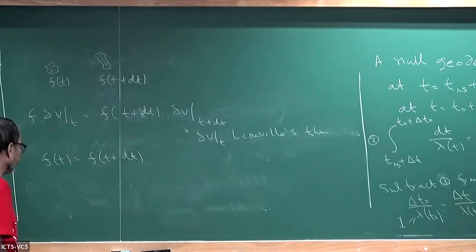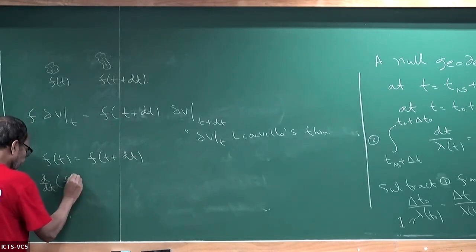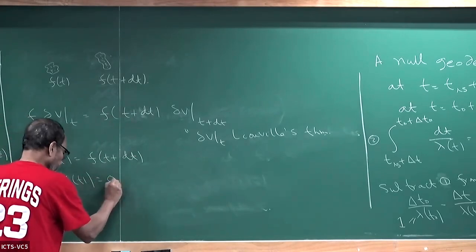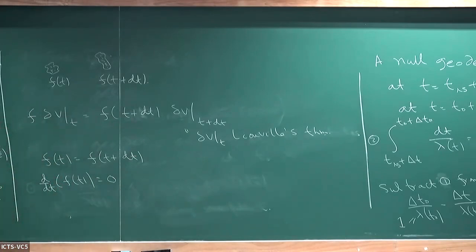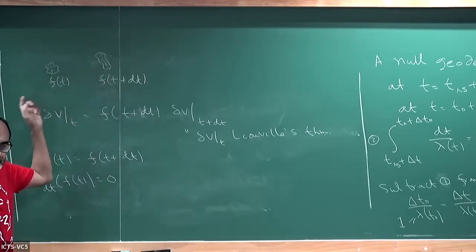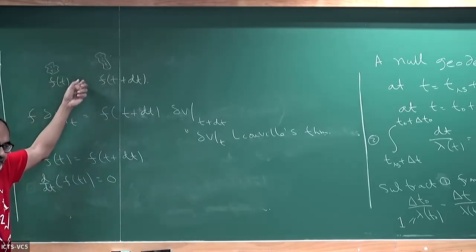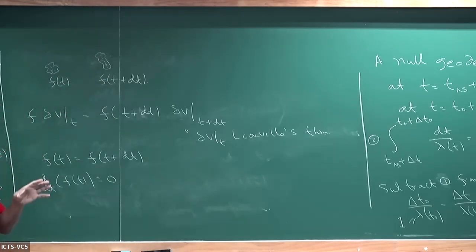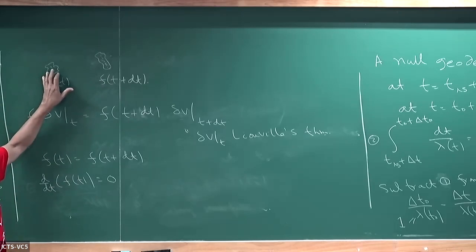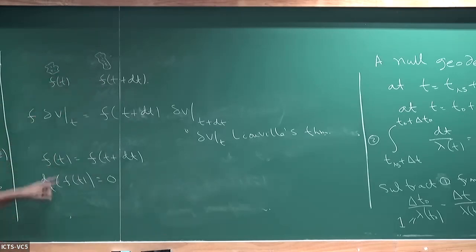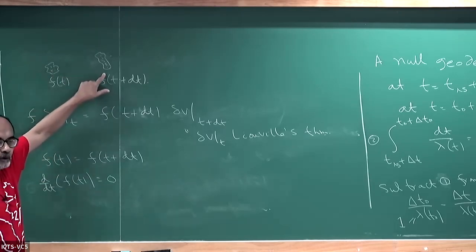This can be translated to a differential equation, d/dt of F equal to 0. But d/dt here refers to the derivative along the trajectory, because d/dt gets contribution from two sources. One is that even if you are sitting at the same point, time evolution will change F, because some other photons are entering this. So time evolution will change F. But there is also a change because the actual volume is moving.